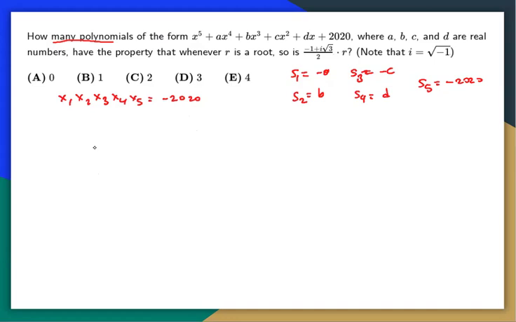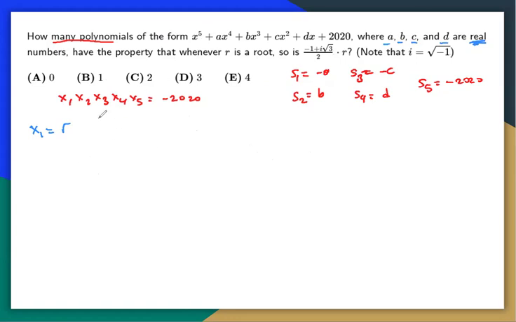So my first piece of information: let's say we have one root r. But another thing we should remember is that since the coefficients a, b, c, d are real, and this is really important, the complex solutions come in pairs, which we call complex conjugates. We have a fifth degree polynomial, which means we have 5 roots.